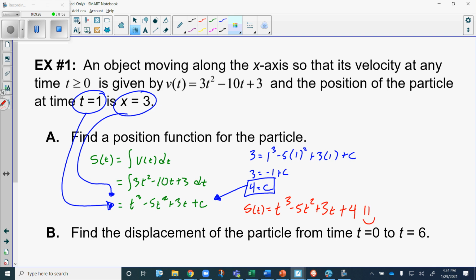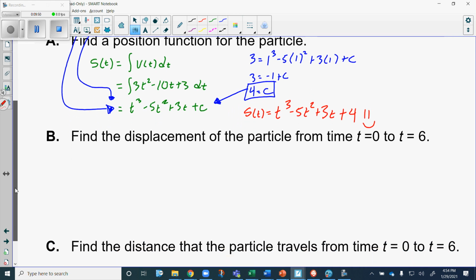And there is your position function, where we had to use the antiderivative of the velocity function to get the expression, take the values that they gave us for the time interval and for what it should be equal to at a certain time, and find the constant of integration, in this case to be a value of 4.